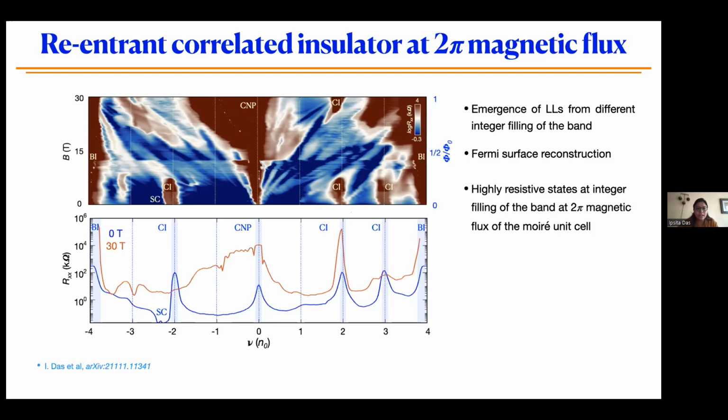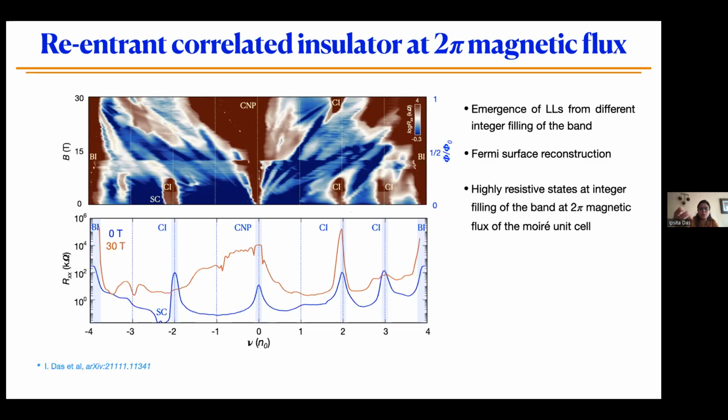Right. So in the color plot on top, you have the resistance again as a function of magnetic field and carrier density. And we have magnetic field tuned from 0 Tesla to 30 Tesla. And you see that the dark red regions, which give you the correlated insulator, you had them at lower magnetic field.